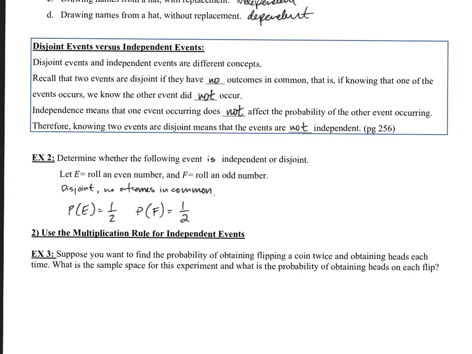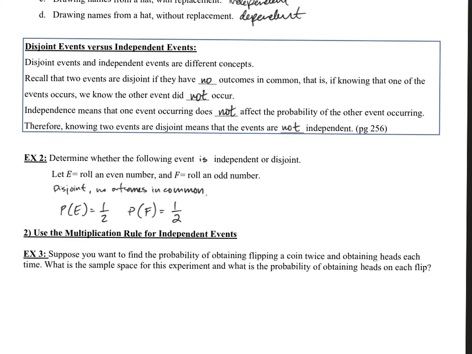Because we know that the die is going to be even, the probability of seeing an odd number now becomes 0 once we know that this is going to happen. So the knowledge that event E happens changes the likelihood of event F happening.